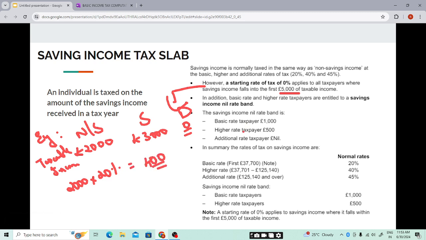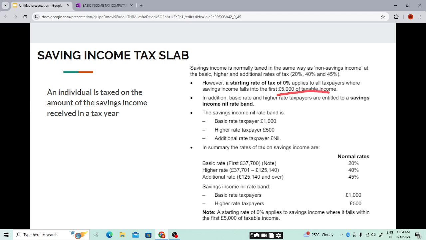Now the special rule of saving income says that a starting rate of 0% tax applies to all taxpayers where saving income falls into the first 5,000 of the taxable income.